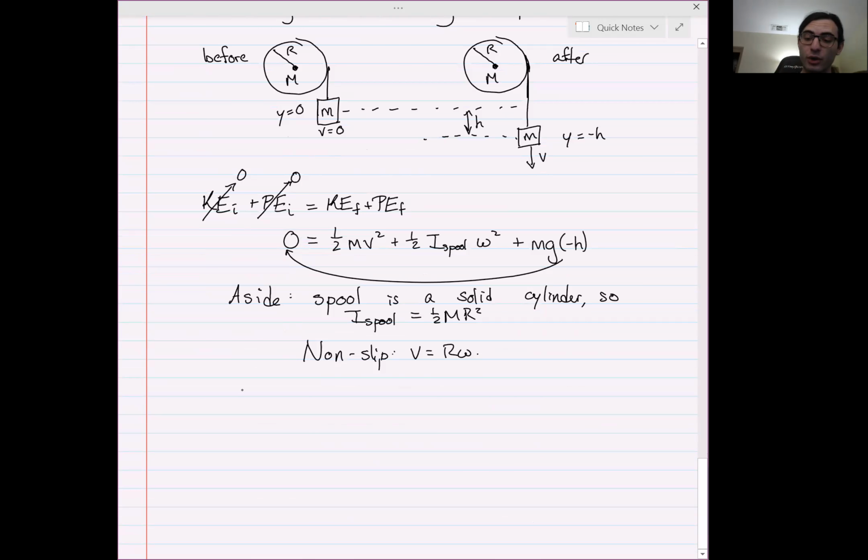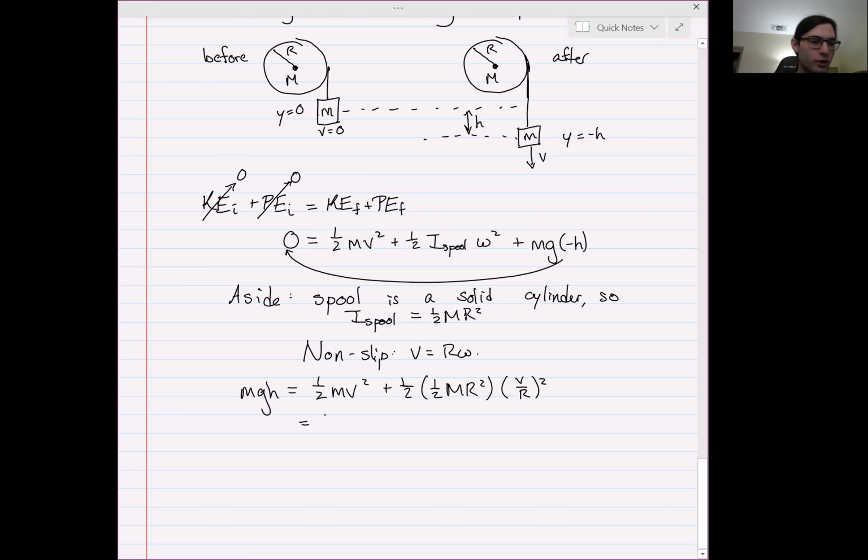Okay, so what are we left with? We're left with mgh is equal to 1/2 mv squared plus 1/2 times 1/2 MR squared, that's the moment of inertia of the spool, times v over R quantity squared.